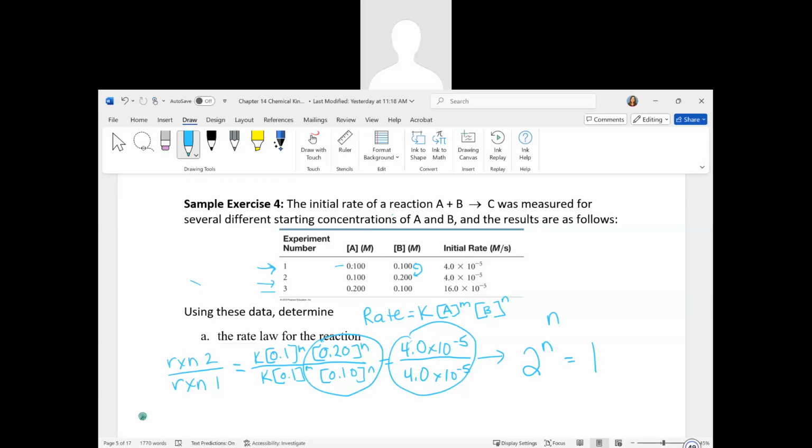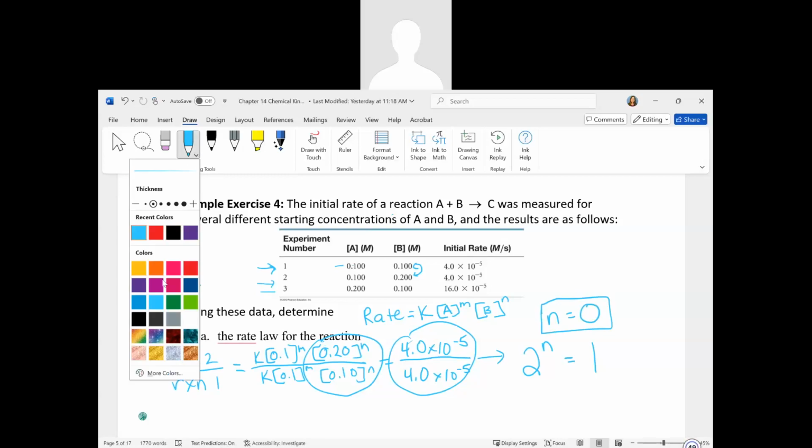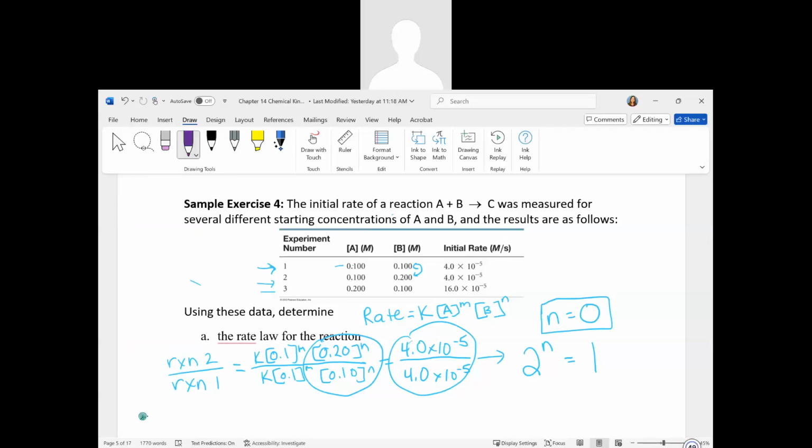The only exponent that would give you a true statement here would be if n equals 0. So this tells us that reactant B has a zero order relationship to the rate of this reaction. If we double the concentration, the rate doesn't change. So in our rate law, we will not include B.